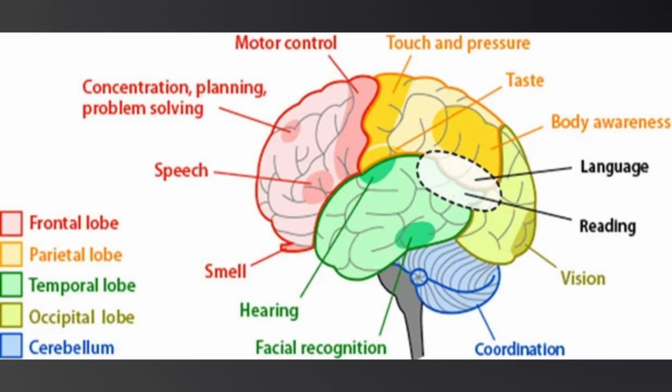You have stuff where your body is represented, all types of things. But we don't want to get lost in figuring out what exactly everything does in the brain, right? So we're going to take a step back and just focus on some high level general things. But if you wanted to know the different things your brain does and where they happen in your brain, there's a great graphic.